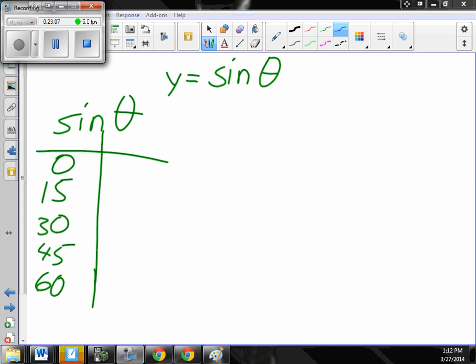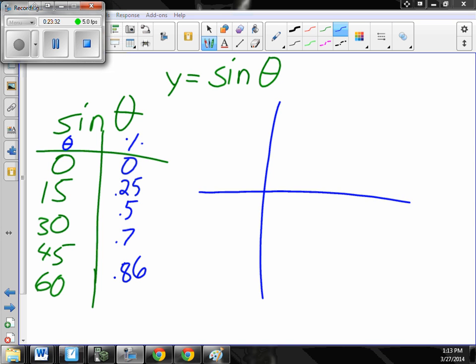What kind of numbers come out? If I plug in an angle, what do I get out? Percent. So this is a theta, and this is a percentage, and I happen to know these: 0, 0.25, 0.5, 0.7, and 0.86. Okay? So I can start a graph. The trouble is, these are two totally different units.